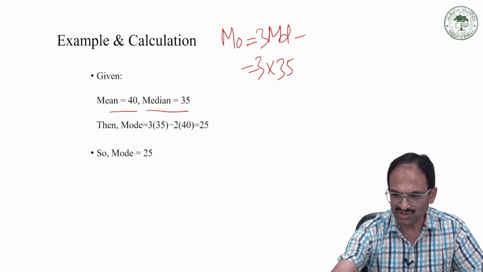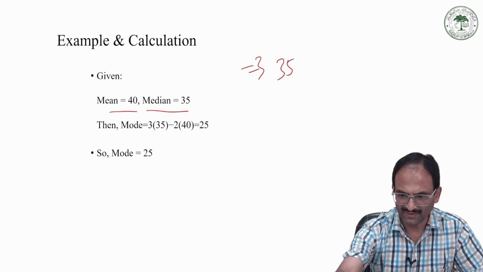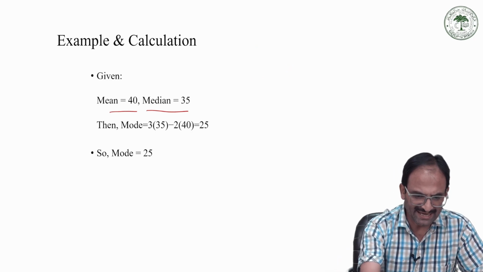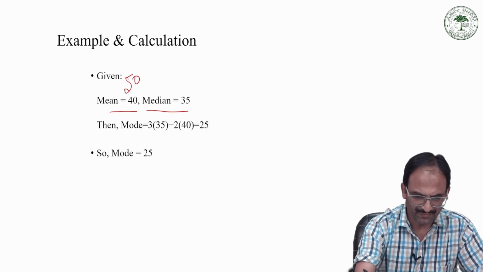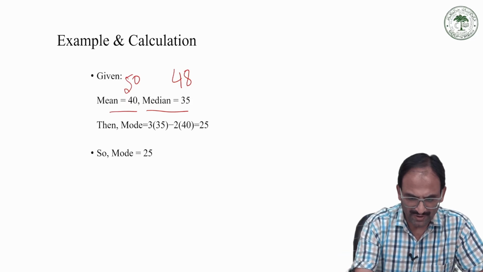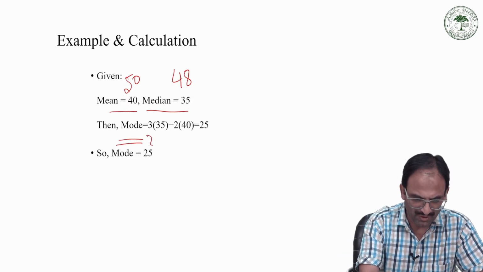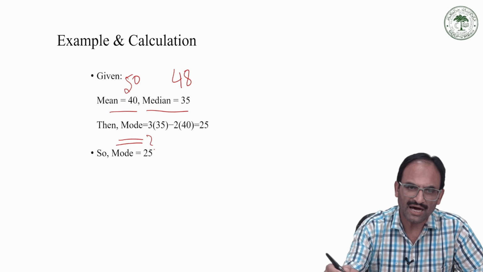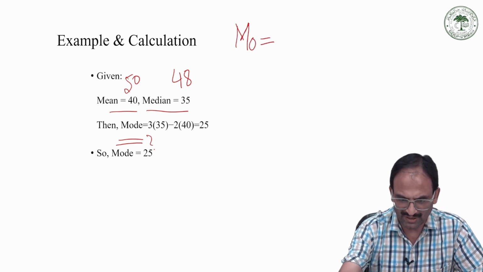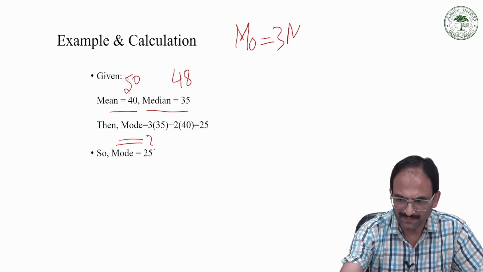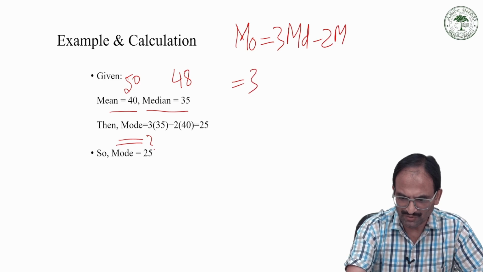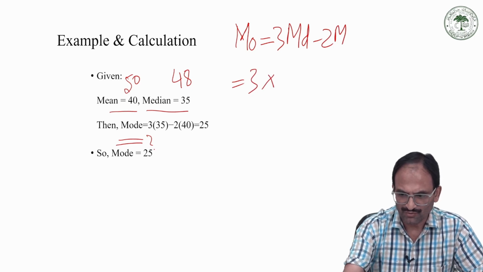Suppose there is a situation in which you have got mean as 50, median as 48. Now you are required to calculate mode. What will be mode? Again use the same formula. Mode is equal to 3 median minus 2 mean. So mode is equal to 3 into, what is the median?